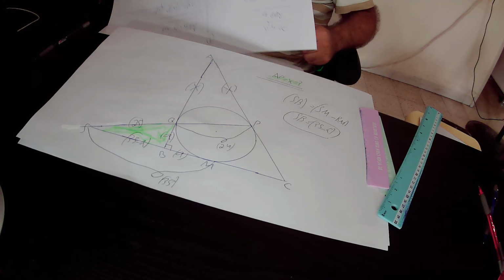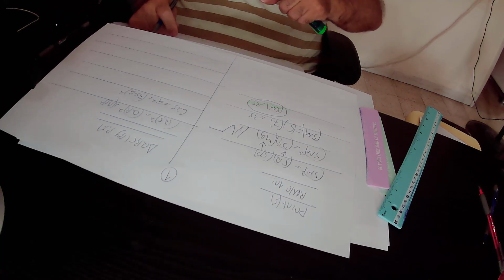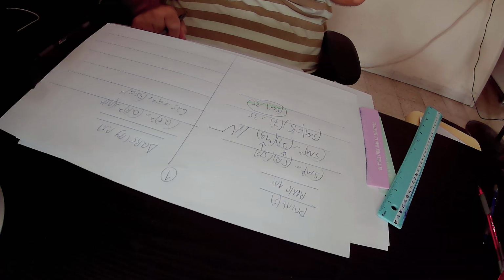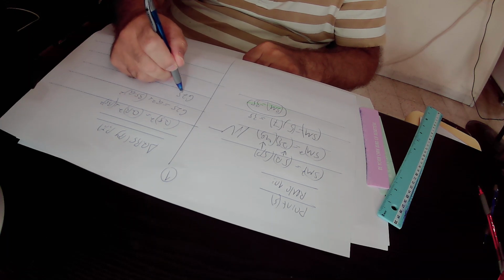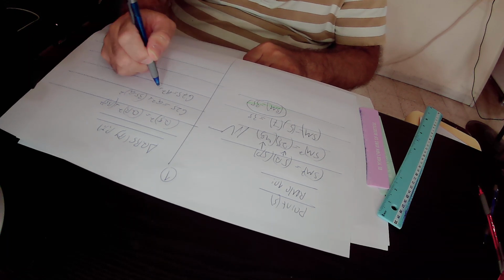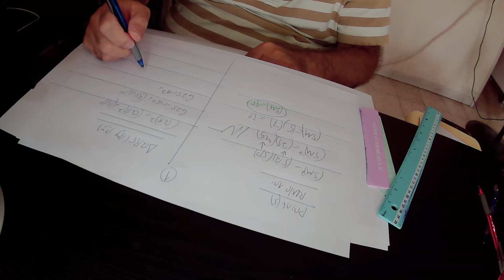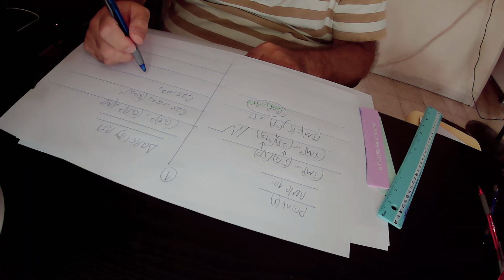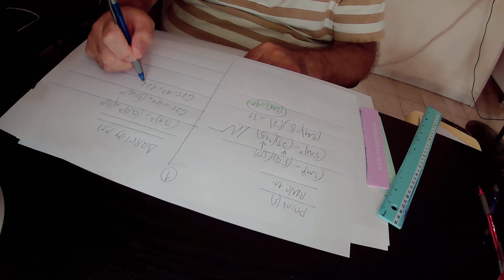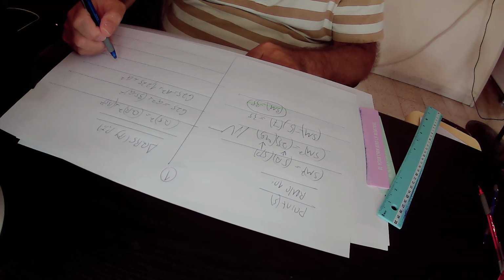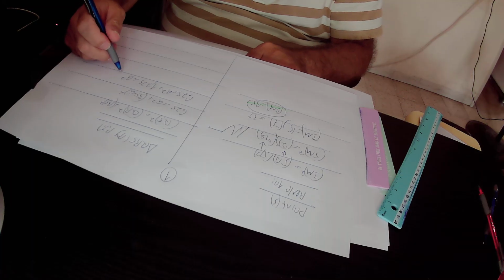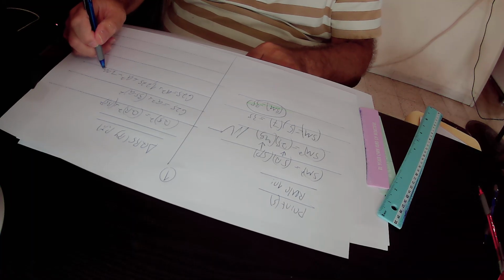So in total, 625 equals A squared plus (35 minus A) squared. (35 minus A) squared equals 35 squared, that is 1225, plus A squared, minus 2 times 35 times A, that is minus 70A.